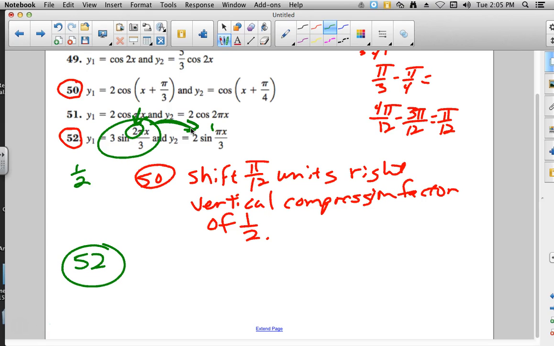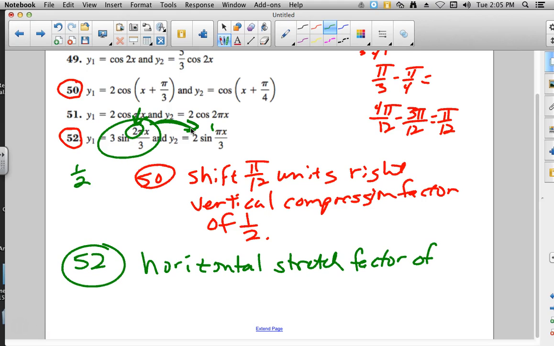And remember, in the x position, when we are multiplying something by 1/2, that's actually going to be a horizontal stretch. So a horizontal stretch, but we do still want to think of that as a factor of 1/2, because we'd have to multiply by 1/2 to get rid of the 2.